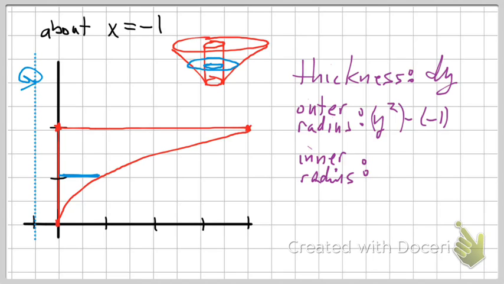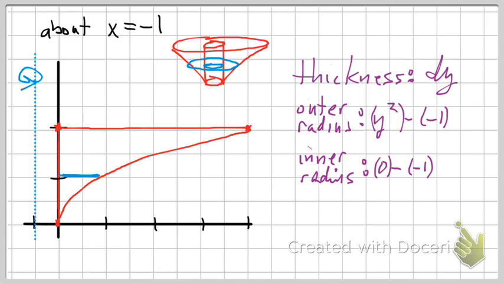What about the inner radius? My inner radius, again, has got to be from the center of revolution, which is x equals -1, to that inner wall from where that hole is cut out. So it would be 0 minus -1.